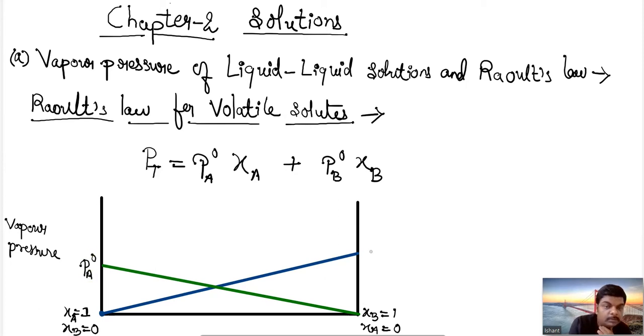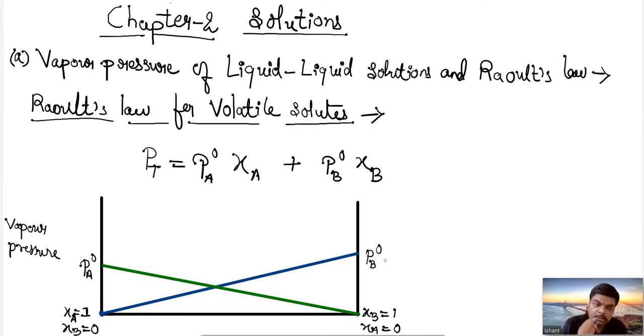Similarly, the blue line represents B, so here it will be PB naught. So the blue line denotes the pure vapor pressure of the B component, and the green line denotes the pure vapor pressure of the A component.